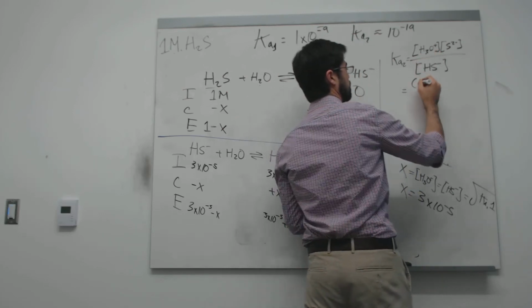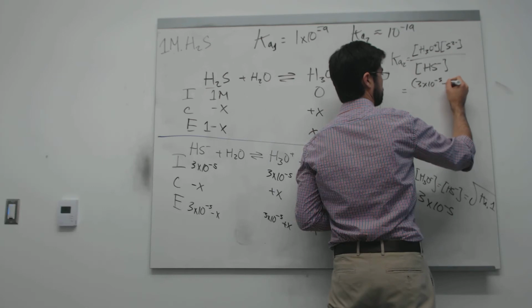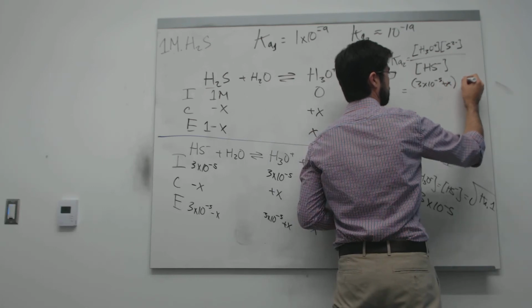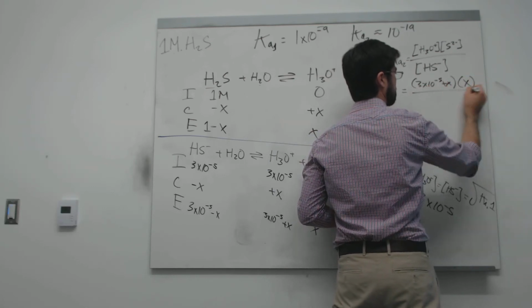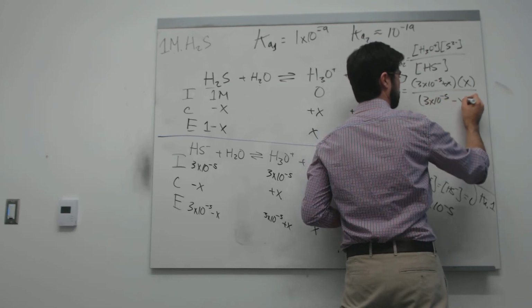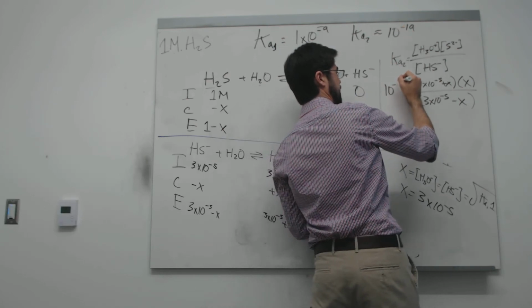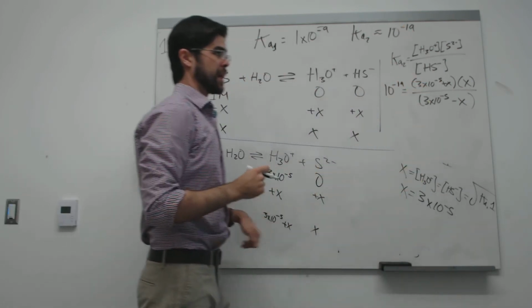That should be 3 times 10 to the negative 5 plus X times X divided by 3 times 10 to the negative 5 minus X. All of that is equal to Ka2, which is 10 to the negative 19.